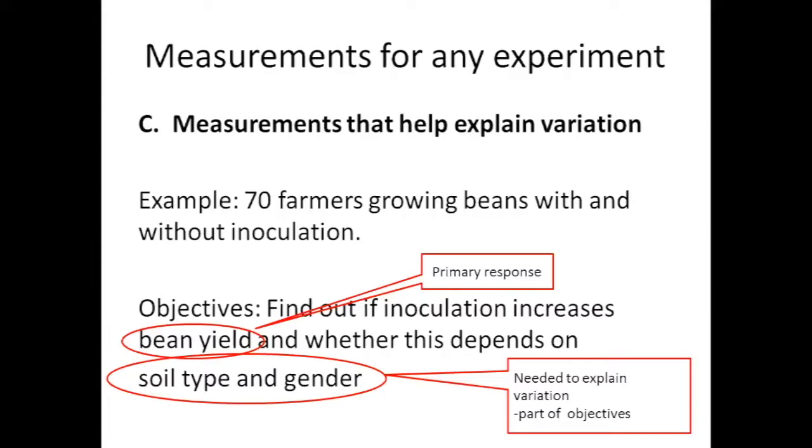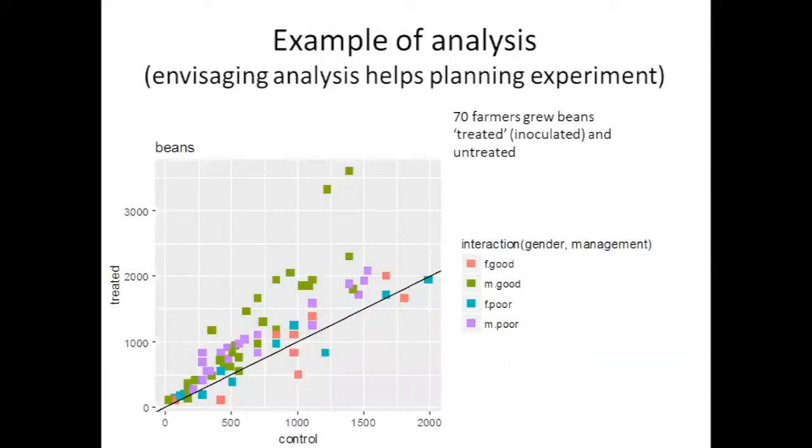And the soil type and the gender are things that we're going to measure because we're going to try and see whether they explain any variation, and they're part of the objective. This is one way of analyzing this data.